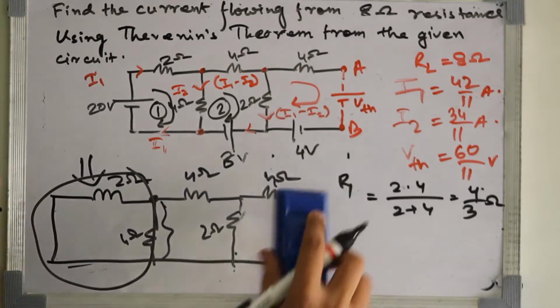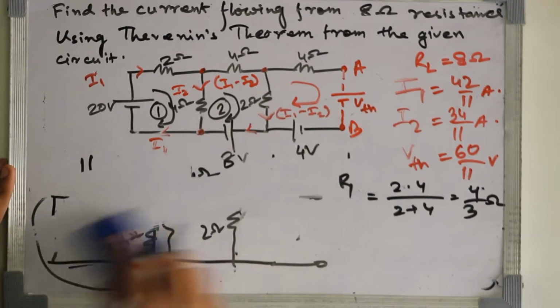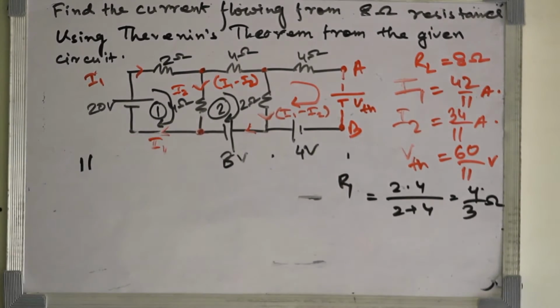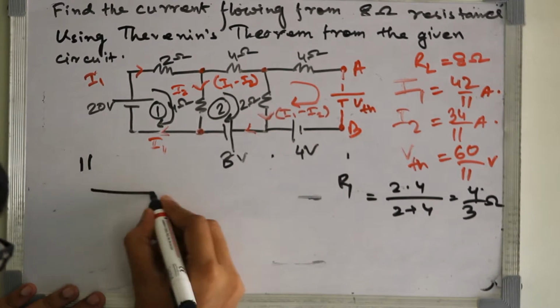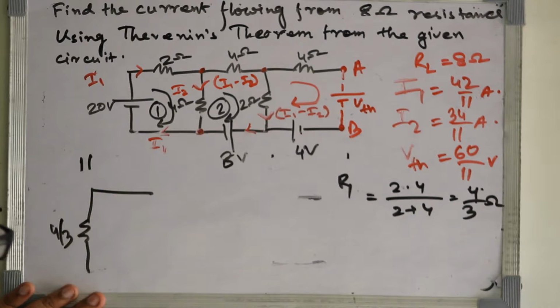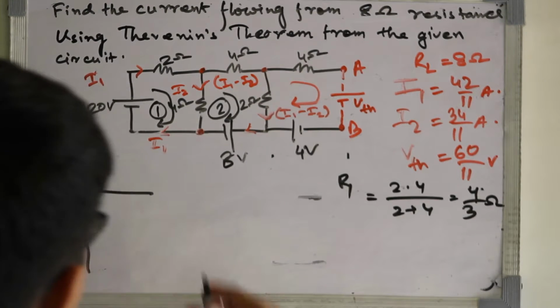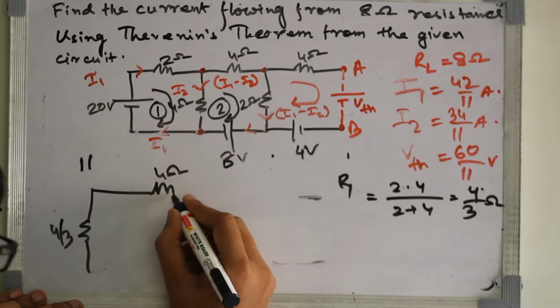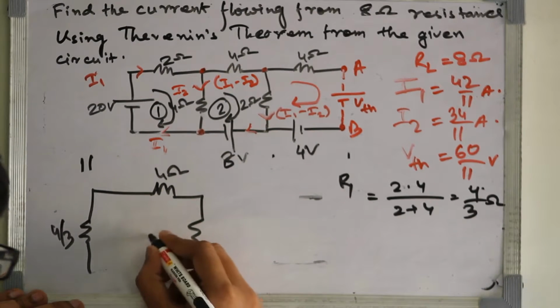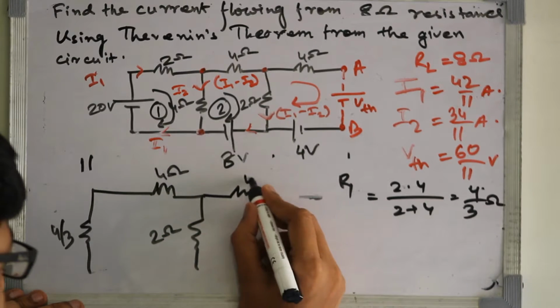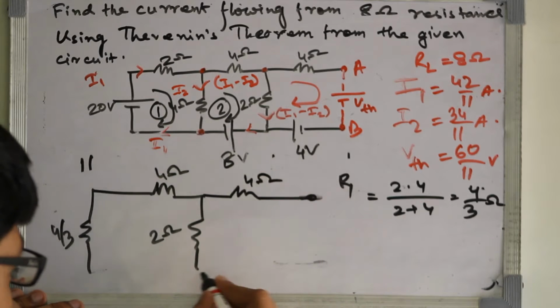So now the equivalent circuit will be like this. This is 4 upon 3 ohm. Now this is 4 ohm, this is 2 ohm, this is 4 ohm. This is an open circuit.